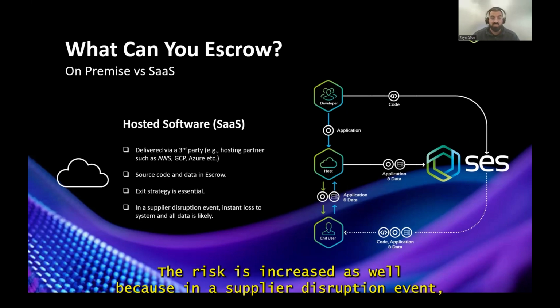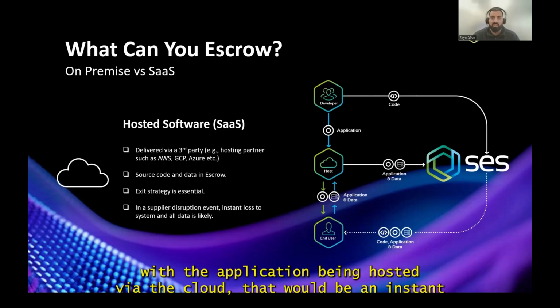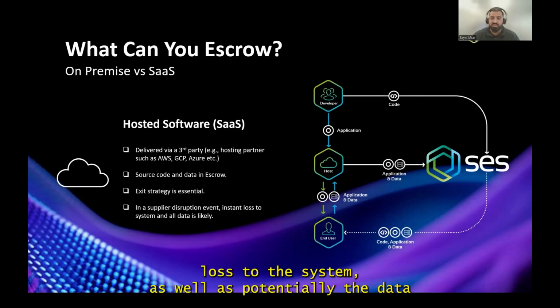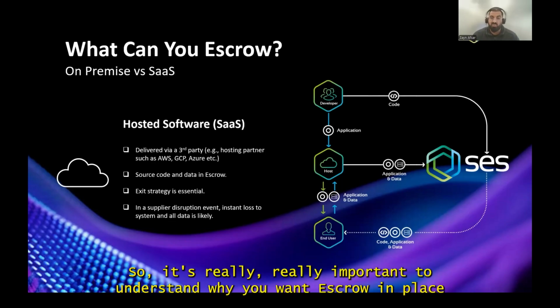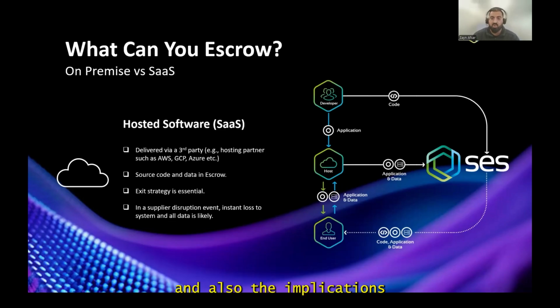The risk is increased as well because in a supplier disruption event, with the application being hosted via the cloud, there would be an instant loss of the system, as well as potentially the data included within the application. So it's really important to understand why you want escrow in place and also the implications of not having access to the system.